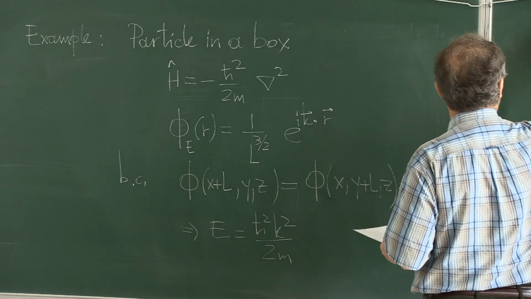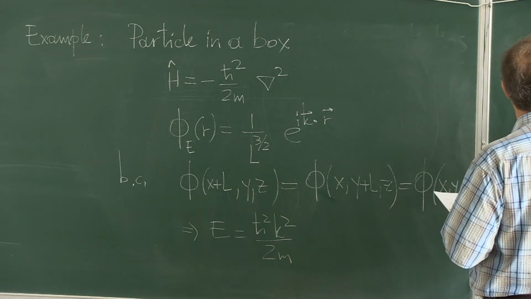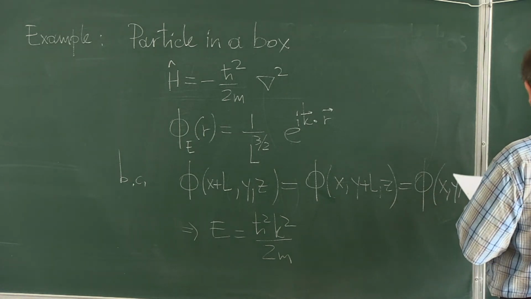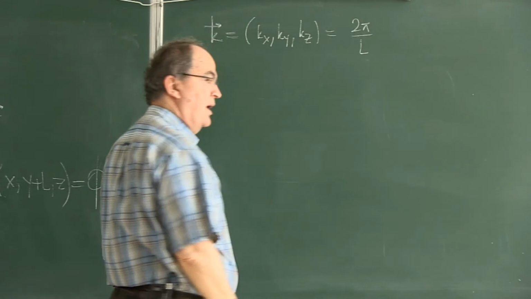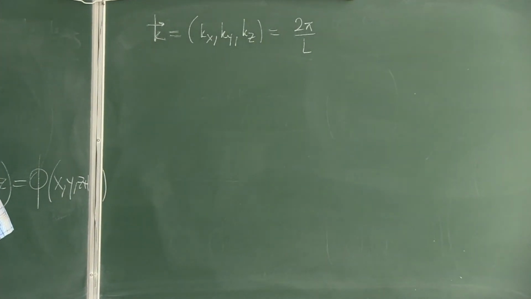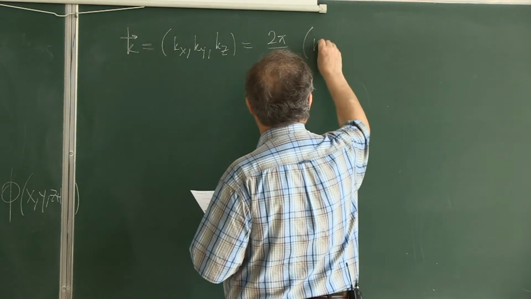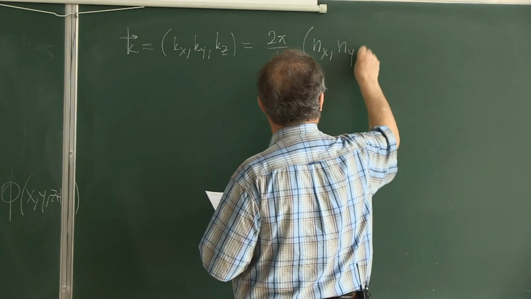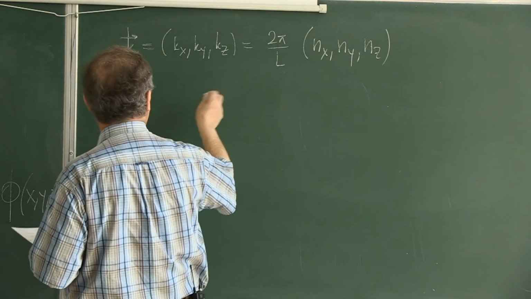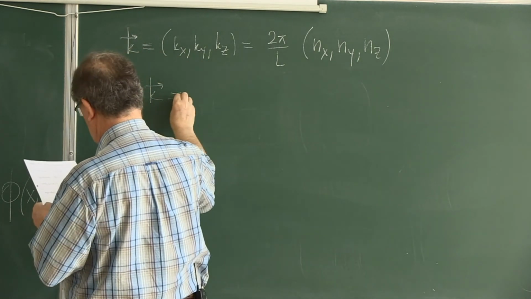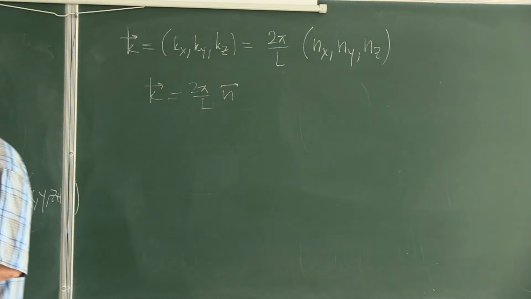K wave numbers are quantized in units of 2 pi over L. You remember that result, and quantum numbers can be written as nx, ny, and nz, or in general, if you want the vector notation, you can show it like this.